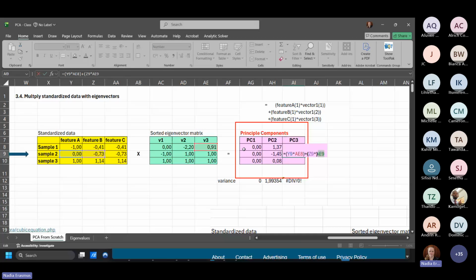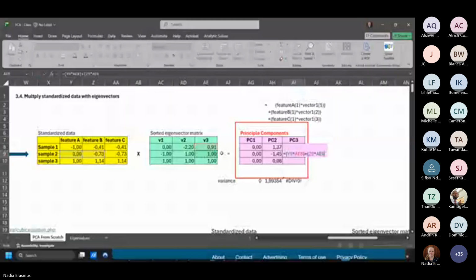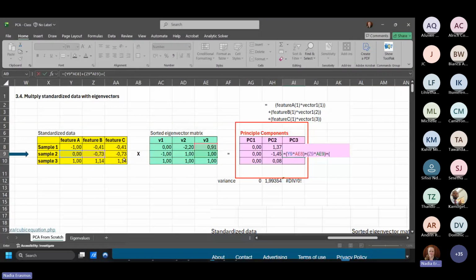Plus feature C multiplied by the third value. Okay, one more to go. And then you can calculate the variance. The variance is going to show you how it influences the model.